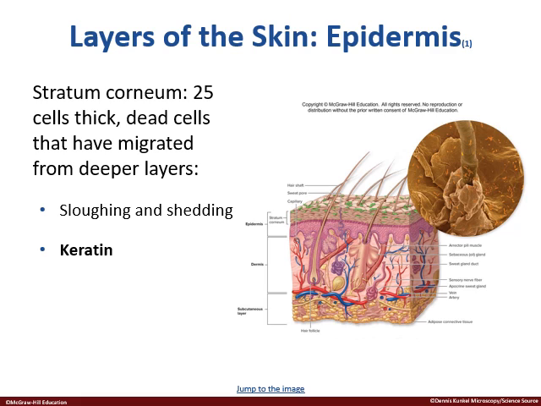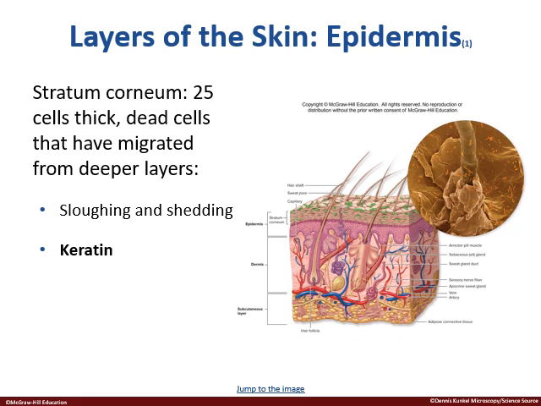So what you look at as your skin, that outer surface, is actually dead cells. Dead cells that have lost all their internal organelles, have lost the majority of their fluid, and all of that has been replaced by keratin.